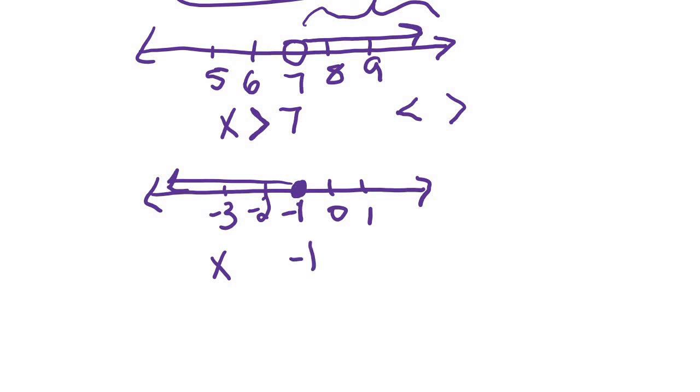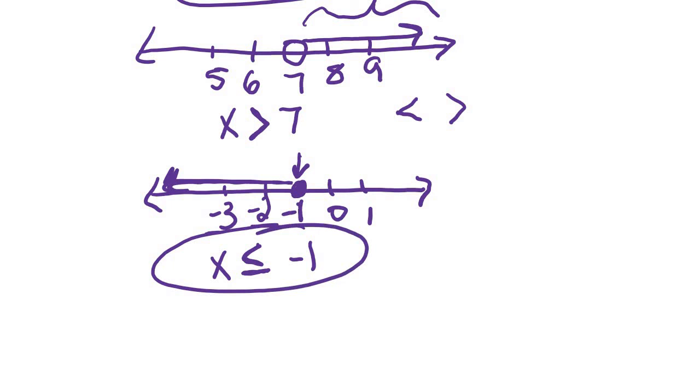We have a solid circle, so that means it includes the -1, so that means we're going to have a little line on the bottom, the or equal to line. Our arrow is pointing to the left. To the left are all the numbers that are less than -1. So we write less than or equal to. And that is our answer.